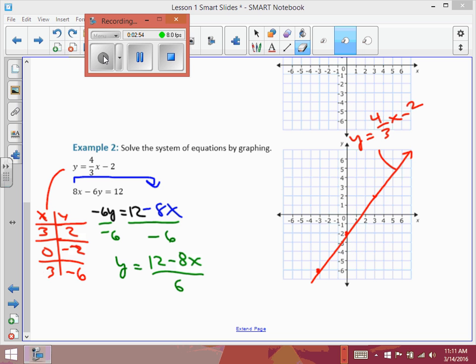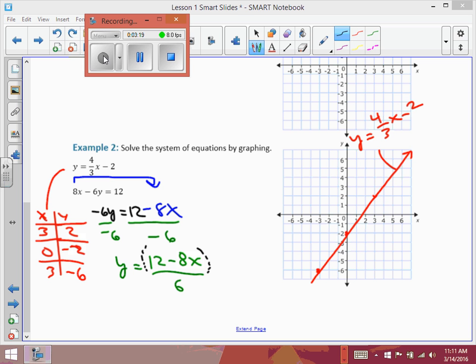You must have a parenthesis around anybody above or below the line who has more than one partner. If you don't put a parenthesis around that 12 minus 8x, when you do 12 minus 8x divided by 6, the 6 is only going to go below the 8x and mess it up. You have to put the whole parenthesis saying I want everything that's on the top above the 6.